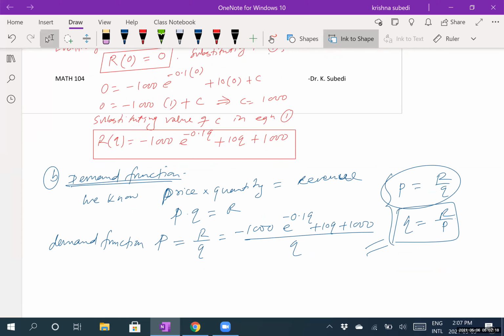So, in the past, sometimes students think that when we say demand function, we must express in terms of Q. That's not true. We can express in terms of Q, in terms of P. Either one is fine. No issue there. Okay.